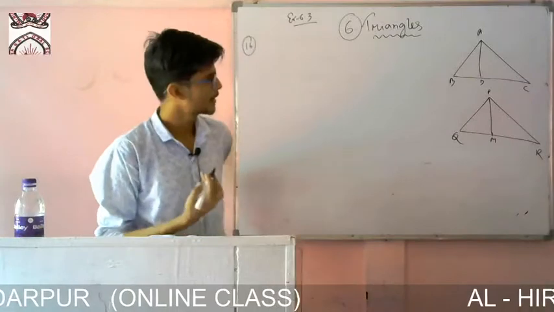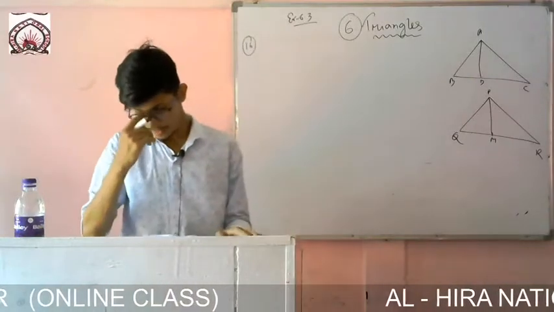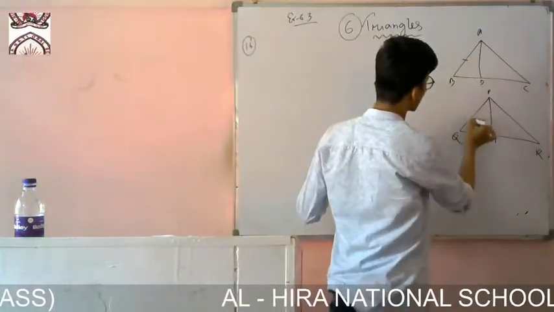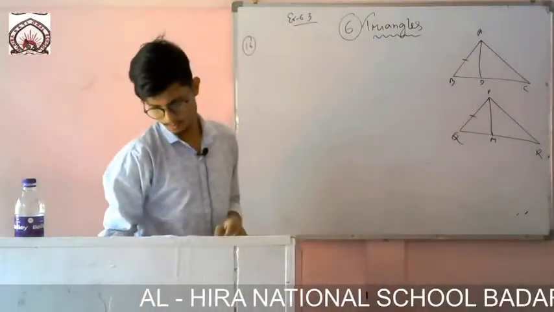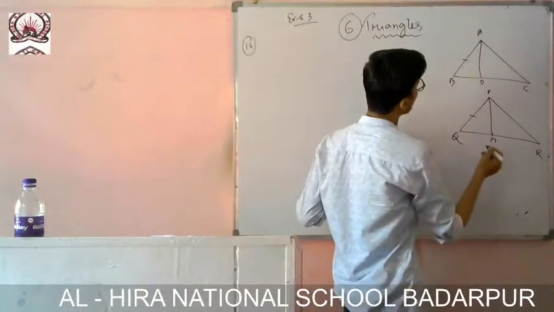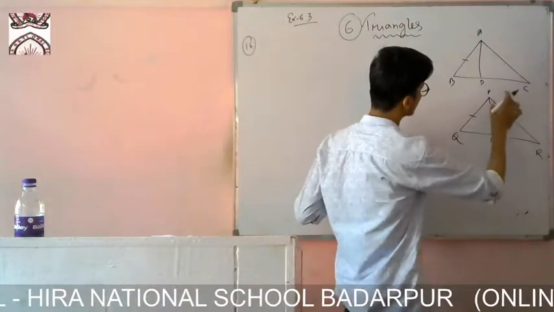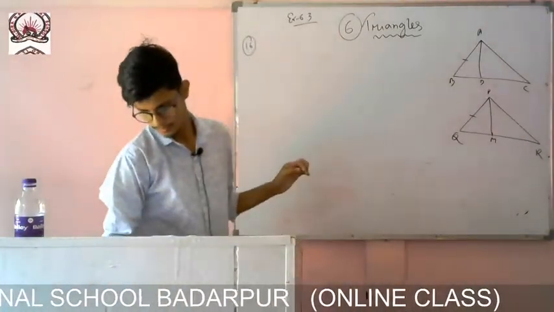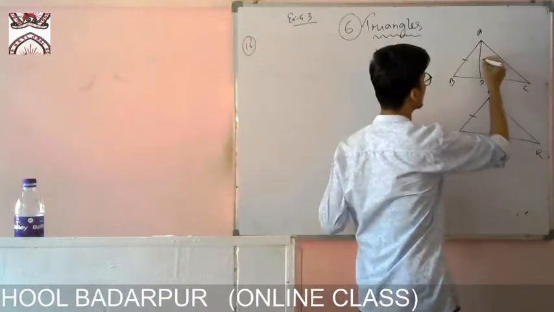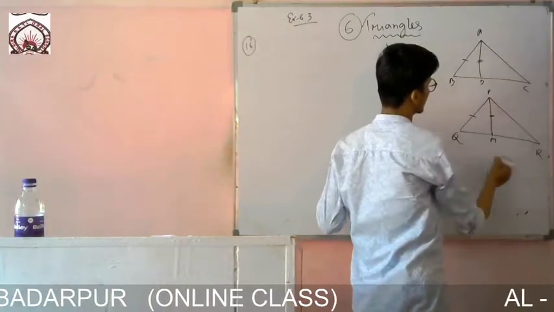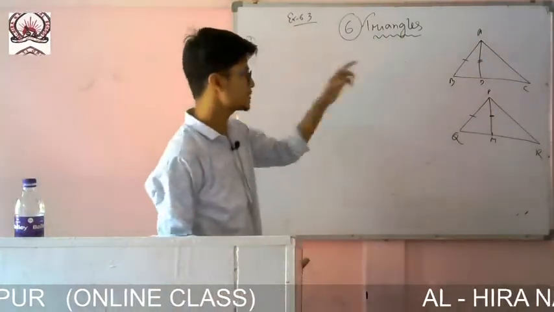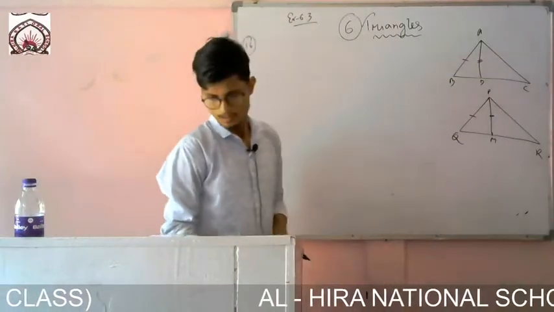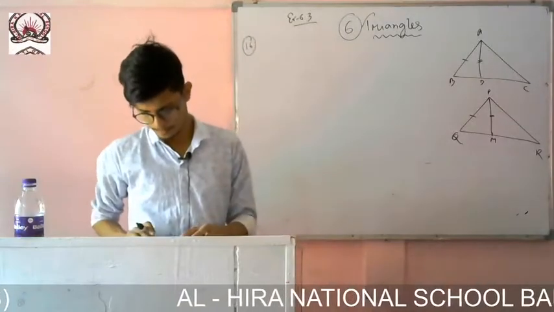So you see here, what is given is that AB by PQ equals AD by PM, which is this side by this side. So I have to prove that the ratio of these two sides equals the ratio of these two medians.